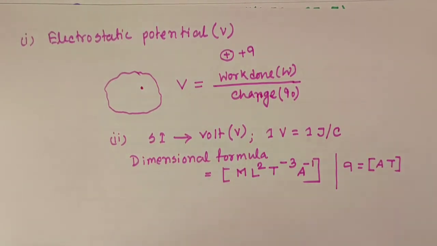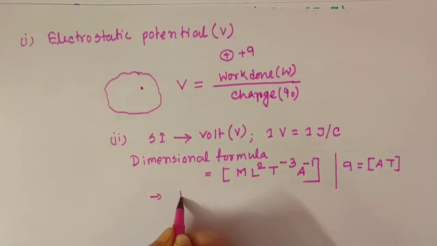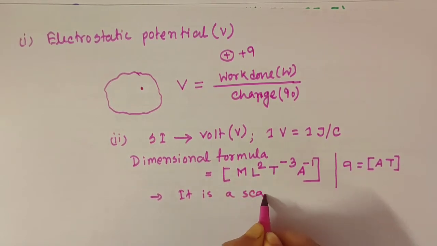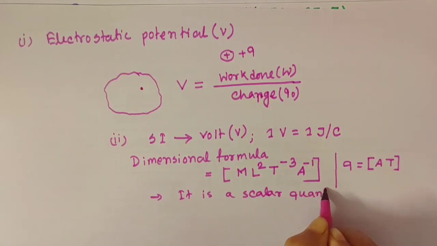Now, is electrostatic potential a scalar quantity or vector quantity? So, you have to remember it is a scalar quantity. Okay.